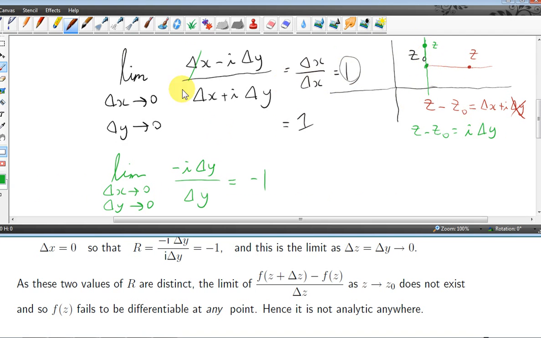So in that situation, these delta x's go out and we get a different result for the limit. We get minus 1. So the limit depends on which path we take, and we stated in a previous video that if that's the case, then the limit does not exist. We say that this limit does not exist.